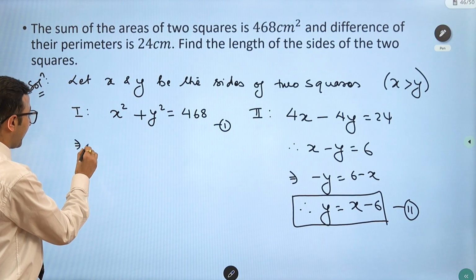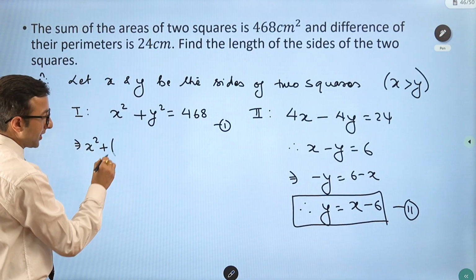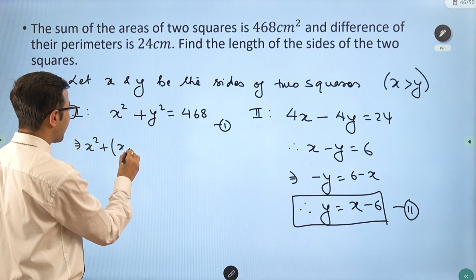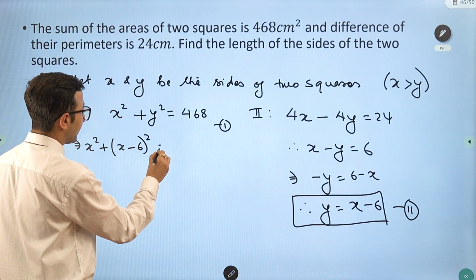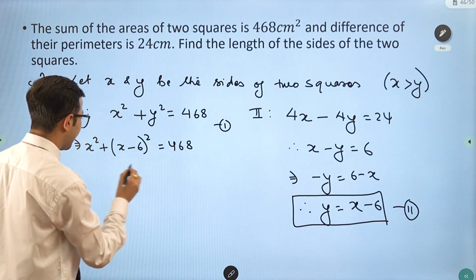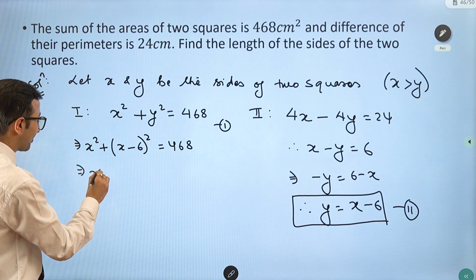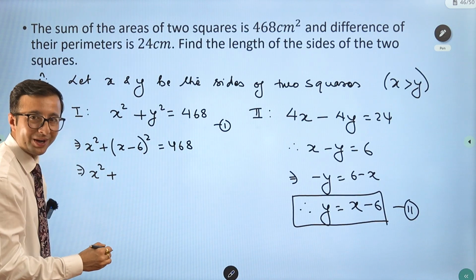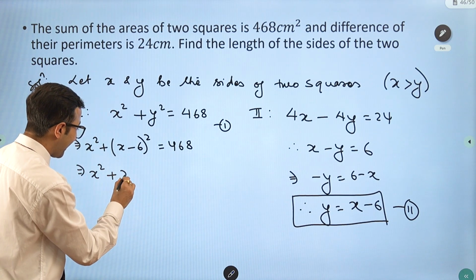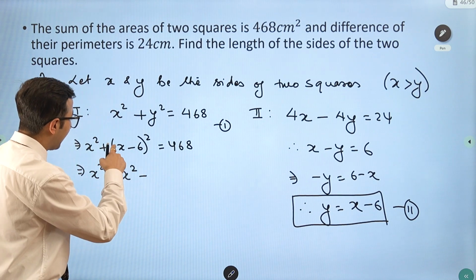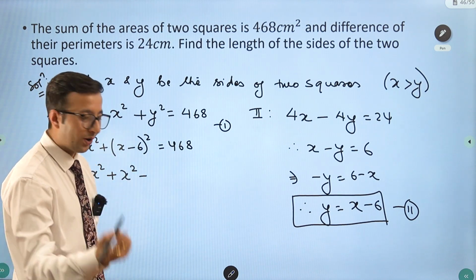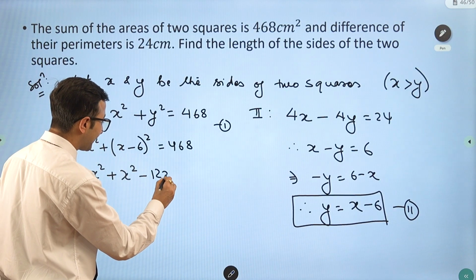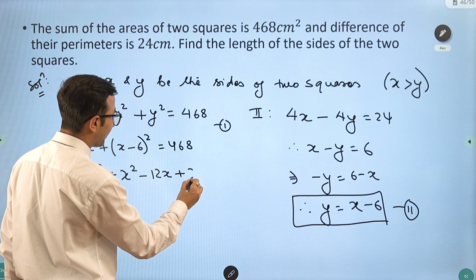It implies x square plus, in place of y we write x minus 6 whole square, equals 468. Here you have to use the formula of a minus b whole square. I already told you, a square minus 2ab: x into 6, 6x, double of 6x is 12x, plus the square of 6 is 36.